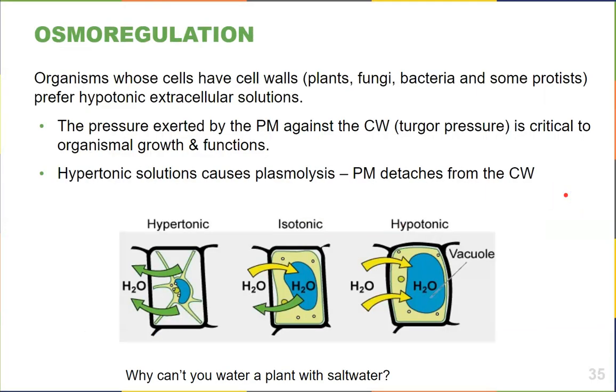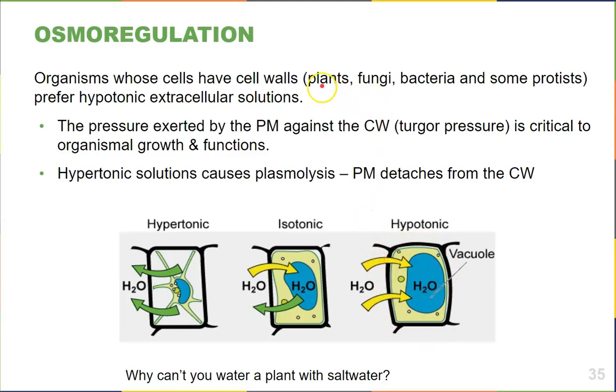Okay, so plants and animals can do osmoregulation. Plants particularly are easy to observe doing osmoregulation because they have a cell wall. So organisms with cell walls prefer hypotonic solutions because it creates a nice push, or turgor pressure, against the cell wall.